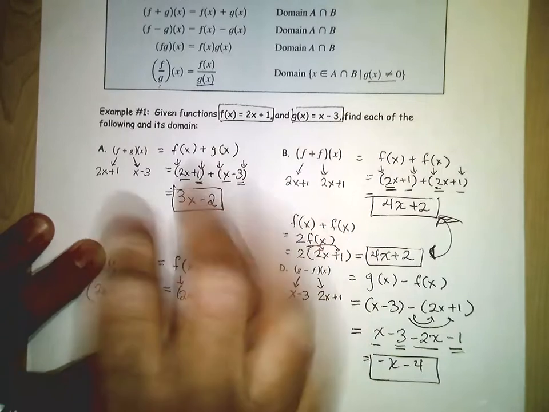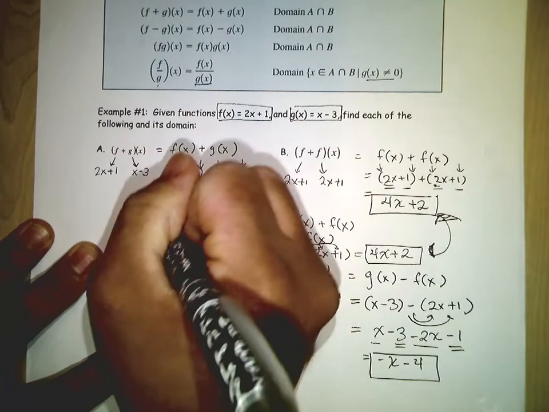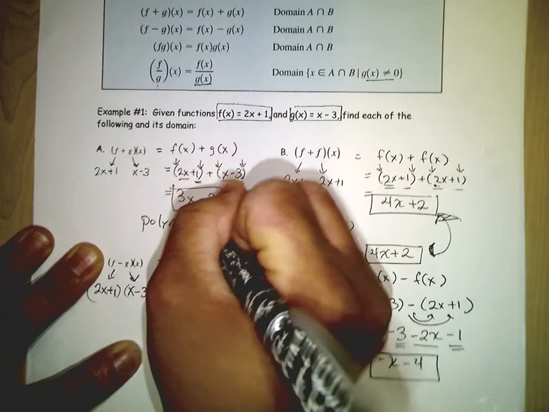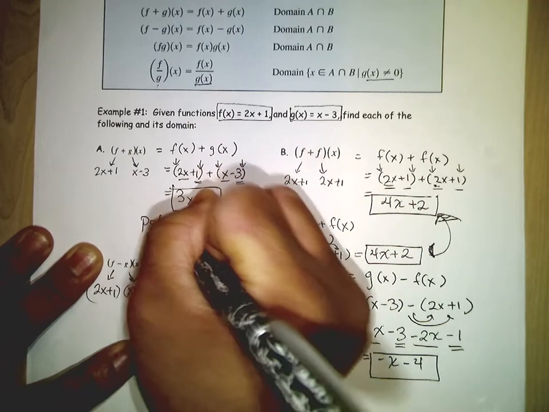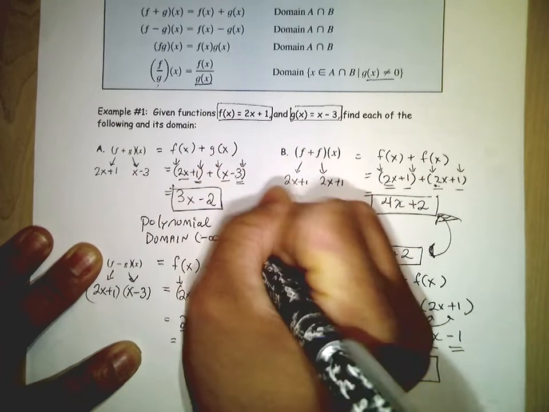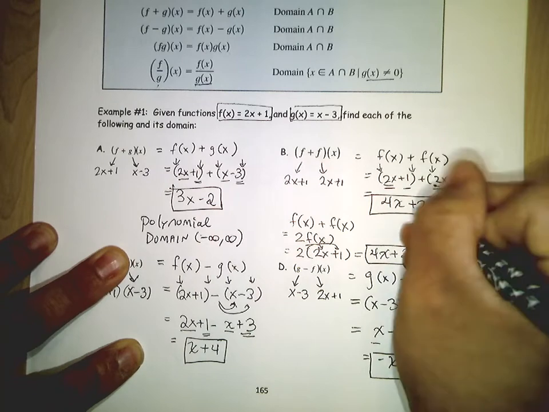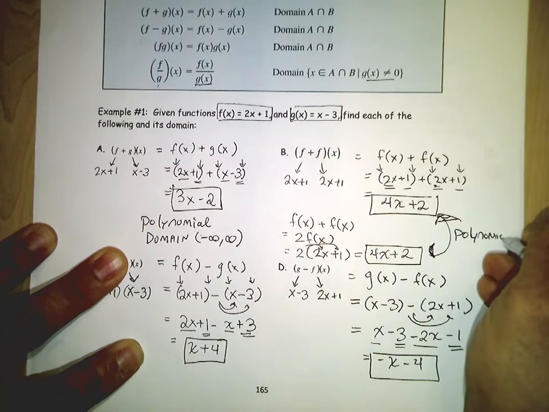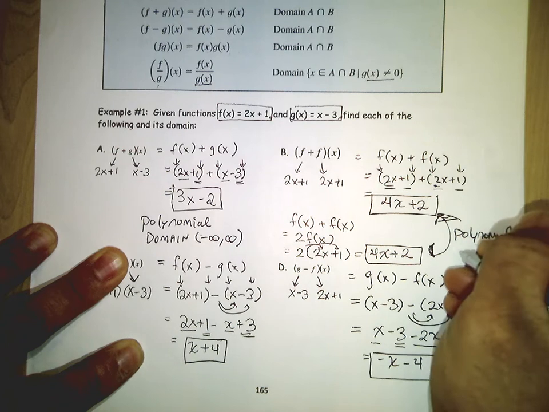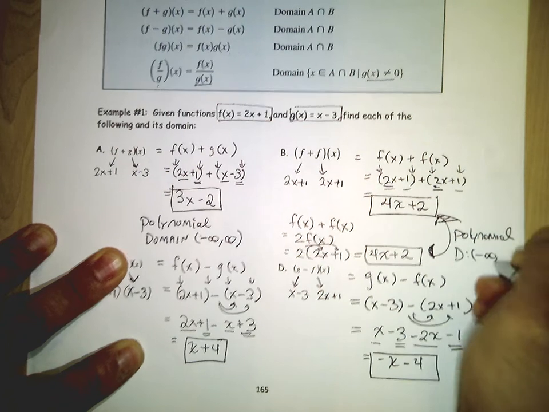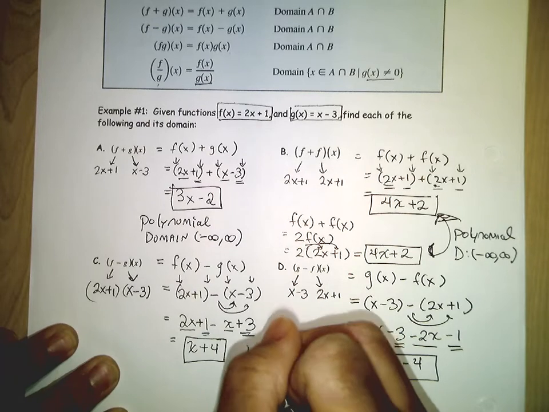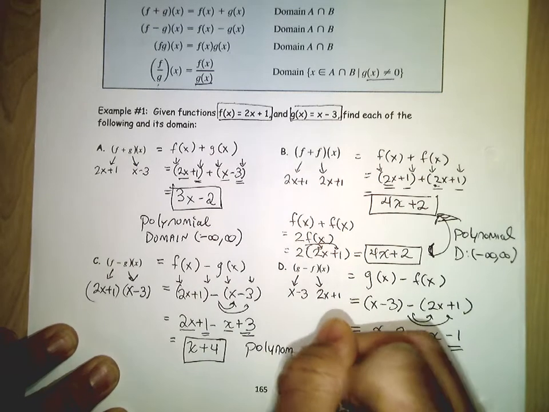And I didn't mention this before, but this in part A was a polynomial. So the domain was negative infinity to infinity, all real numbers. In part B, 4x plus 2, remember, is a polynomial. So the domain is all real numbers, negative infinity to infinity. x plus 4 is a polynomial.